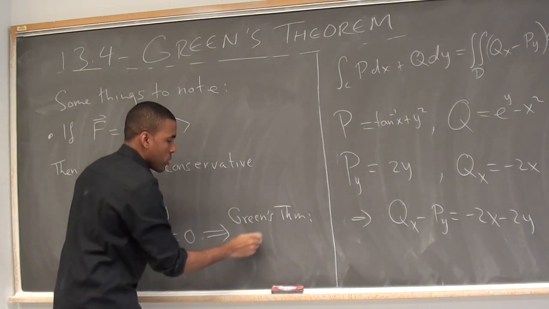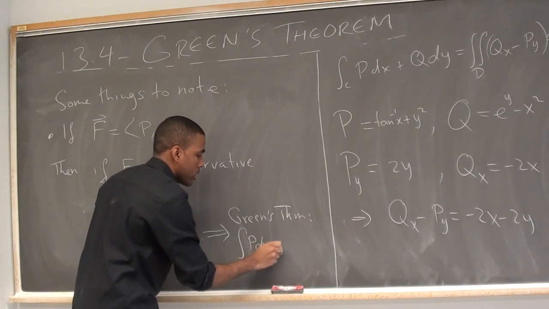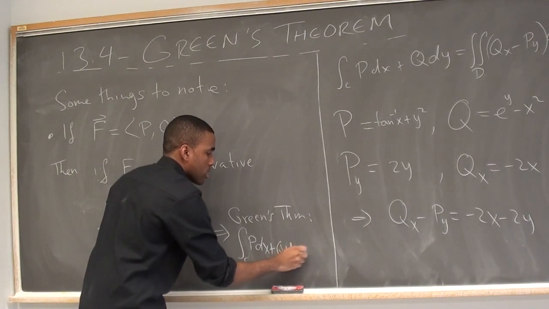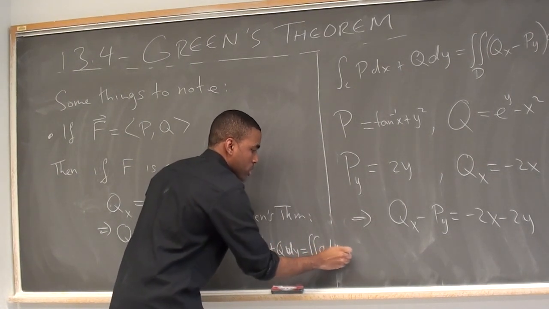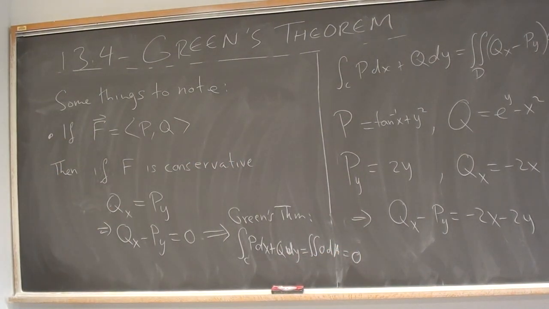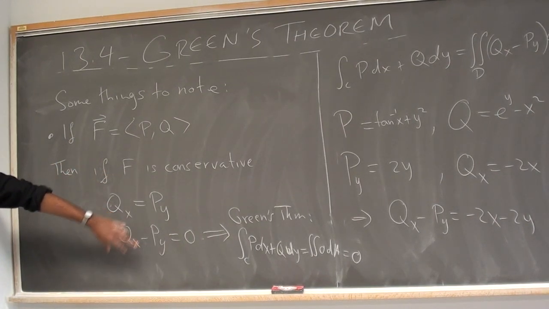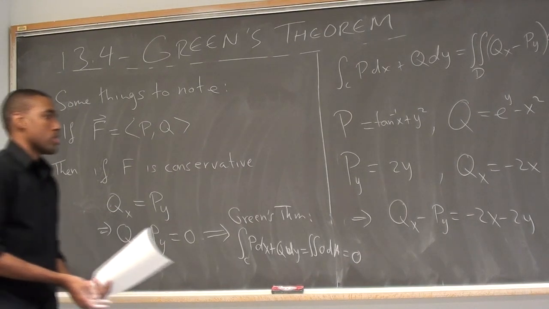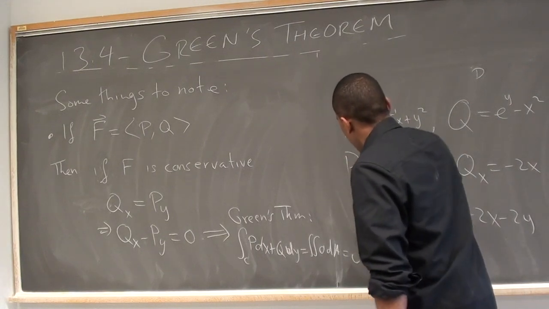Green's theorem would give you right away that your line integral of P dx plus Q dy is just the double integral of 0, which is 0. So Green's theorem is consistent with what we've said before about conservative vector fields. We're on a closed curve, and if these partials are the same, then the double integral will give you 0. Everything is falling in line, how it should.